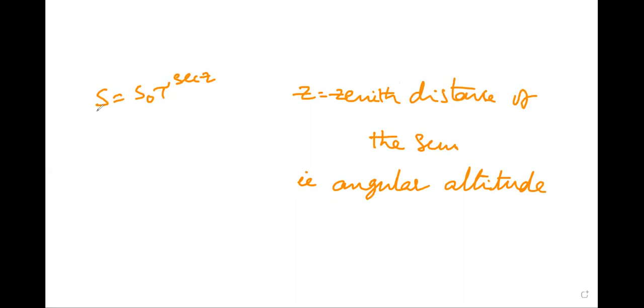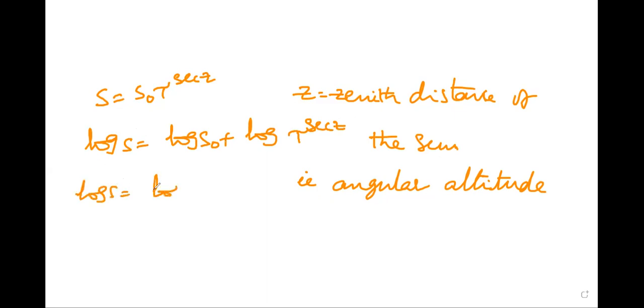Taking logarithm on both sides, log S equals log S0 plus log tau to the power secant Z. Then log S equals log S0 plus secant Z into log tau.